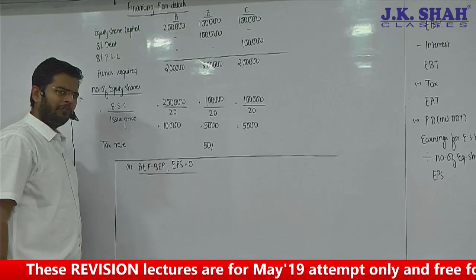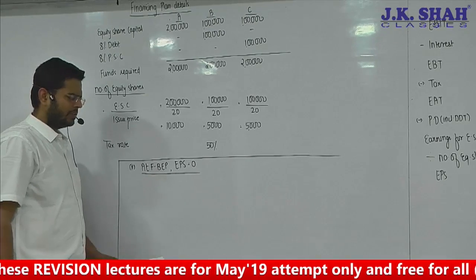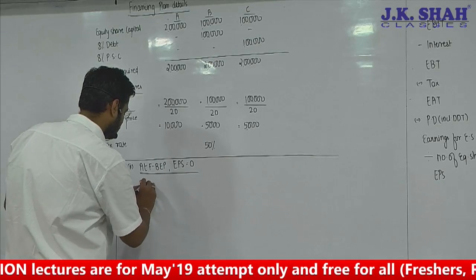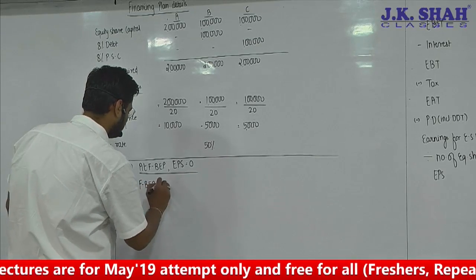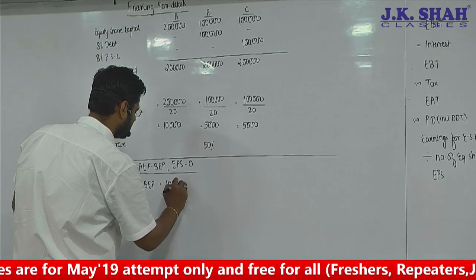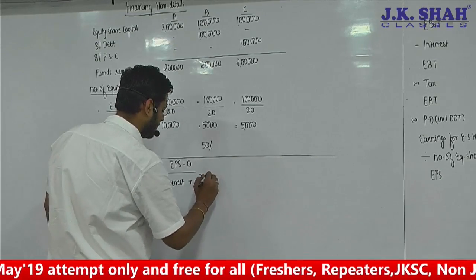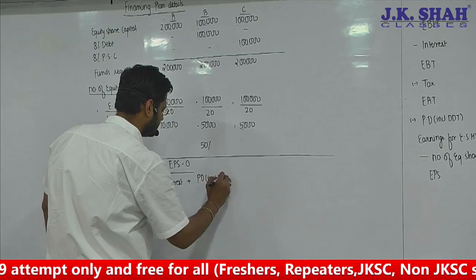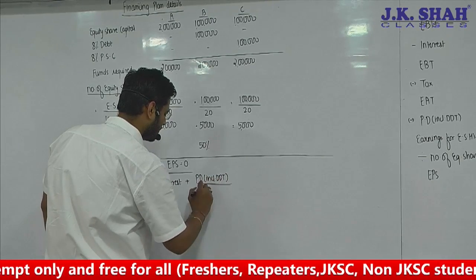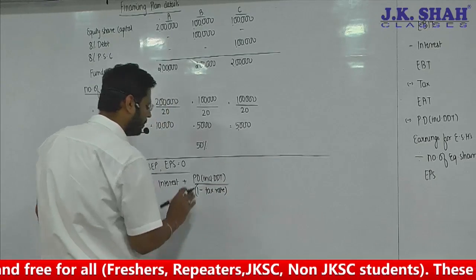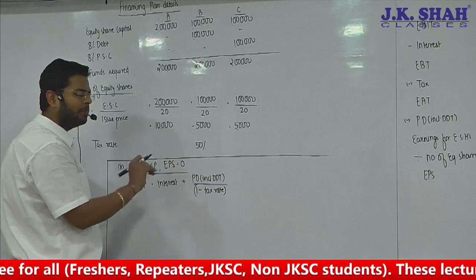Do you know the formula for FBEP? We have just discussed it in the previous sum. For FBEP, you have to ensure that you earn minimum to the extent of interest plus preference dividend including DDT. By dividing this with 1 minus tax rate, what are we doing, friends? We are converting after tax preference dividend to before tax.